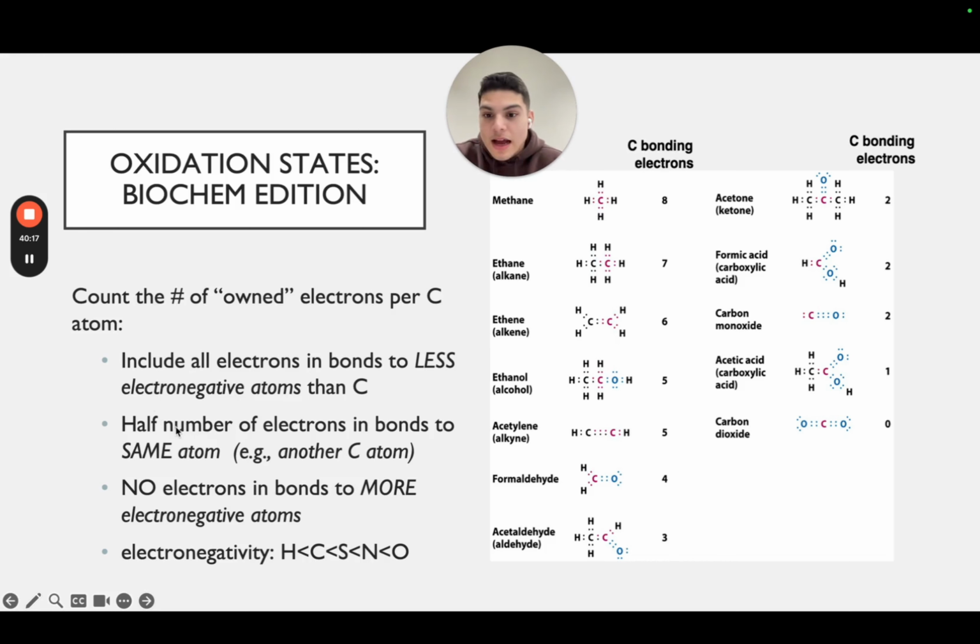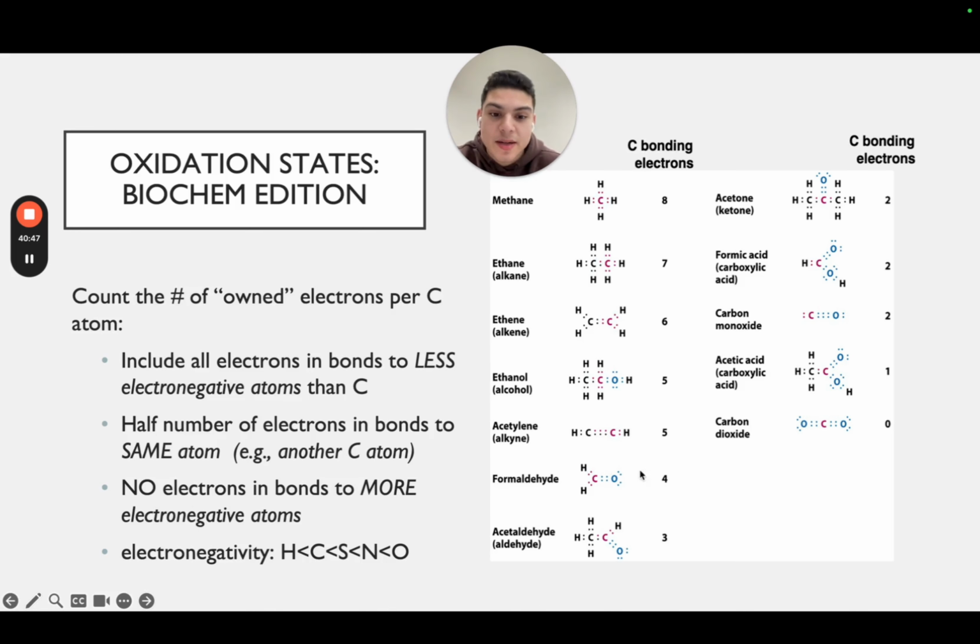Now, you take half the number of electrons in bonds to the same atom. So for example, in this case, ethane, for the C to C bond, instead of saying that these 2 electrons belong to this single carbon, it's just shared equally because they're the same atom, they have the same electronegativity. So for each carbon atom here, each of them owns 7 electrons, and that's the oxidation state, I'm pretty sure. And then you count no electrons in bonds to more electronegative atoms.